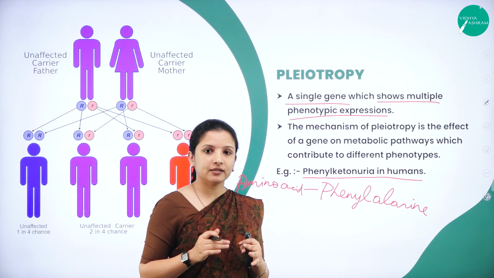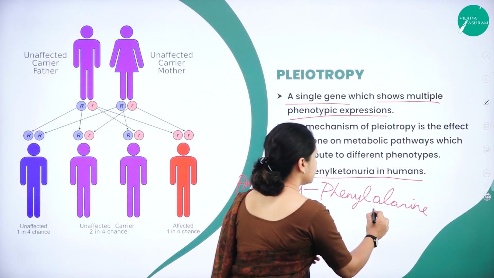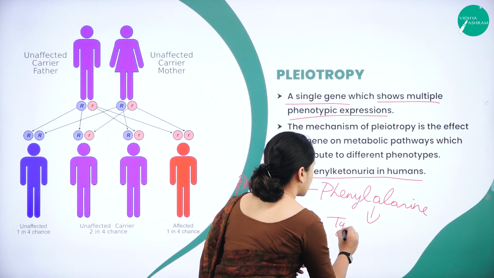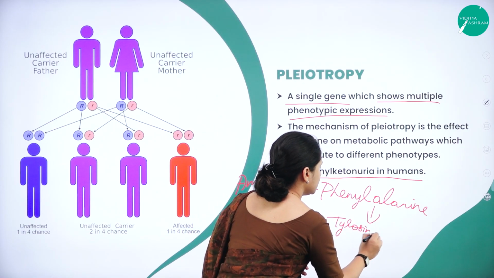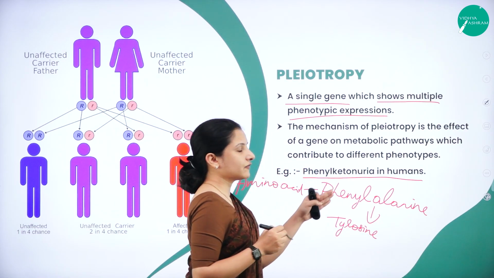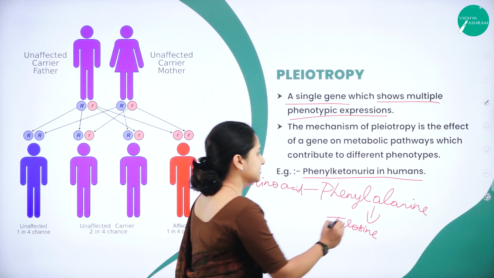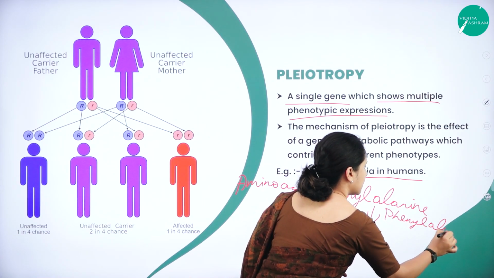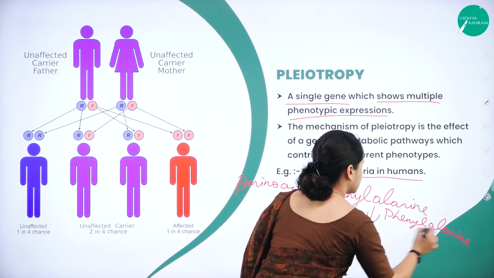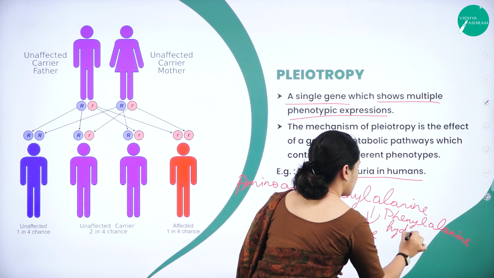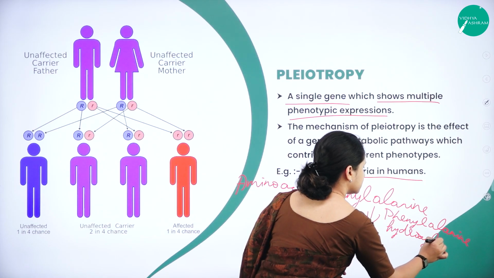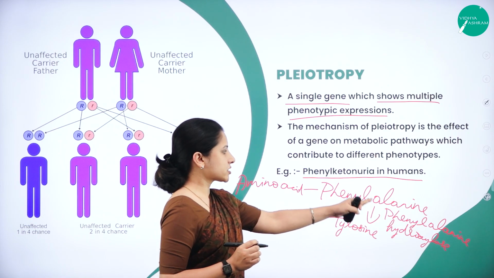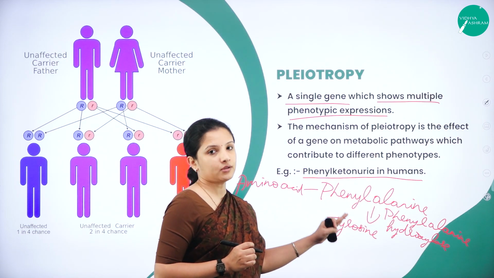It is the one which produces one more amino acid called tyrosine. There is one enzyme called phenylalanine hydroxylase, which converts phenylalanine to tyrosine.